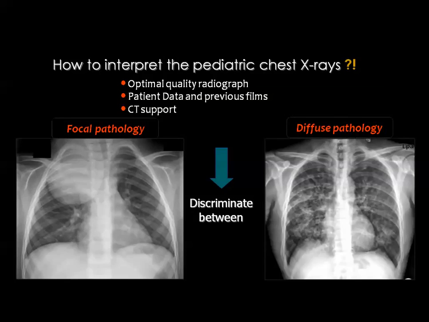And of course, we should follow a specific or an organized approach for interpretation of the chest, whether in children or in adults. And this approach consists of three steps.